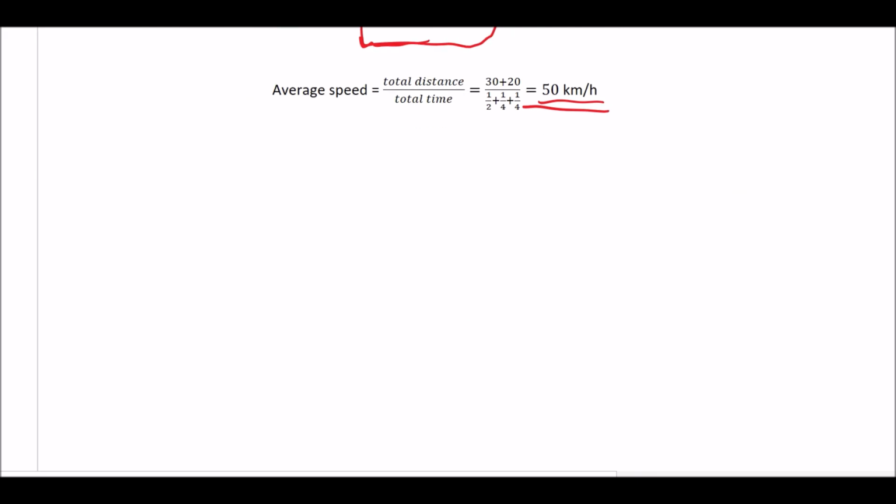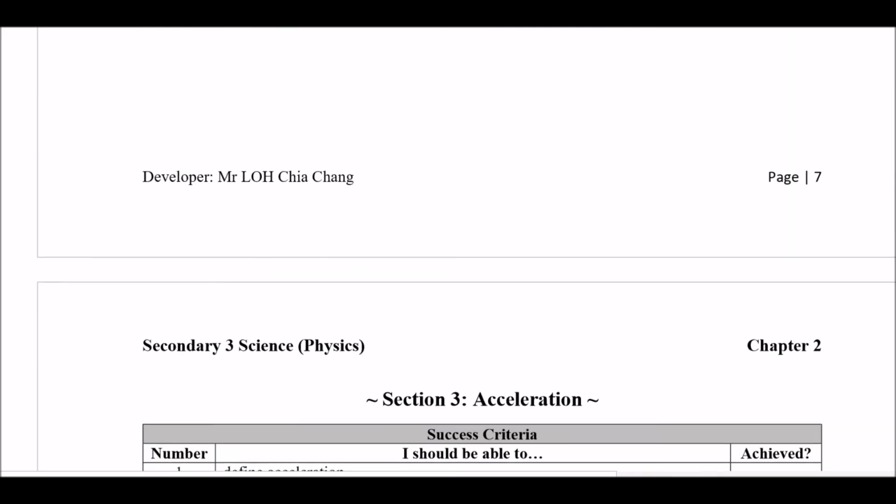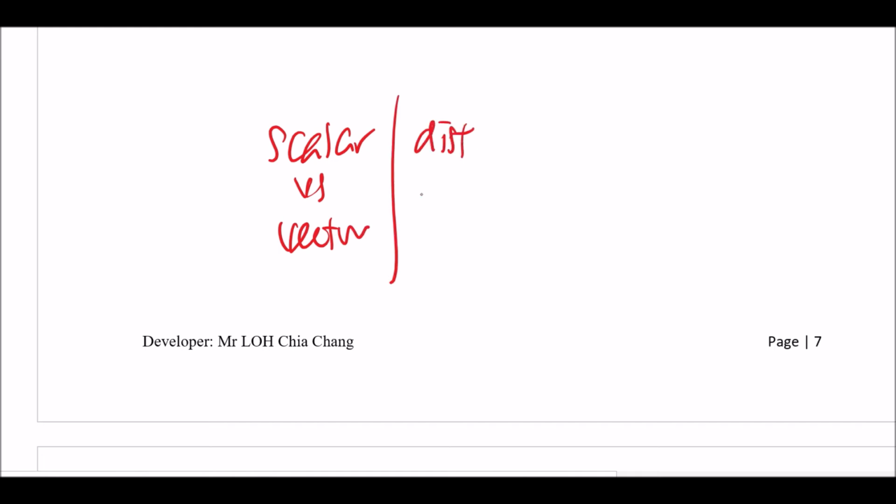Let's move on. Up to now we have learned a couple of things. We have learned scalar versus vector. What is the meaning? Under scalar we have distance, right? Distance versus displacement.